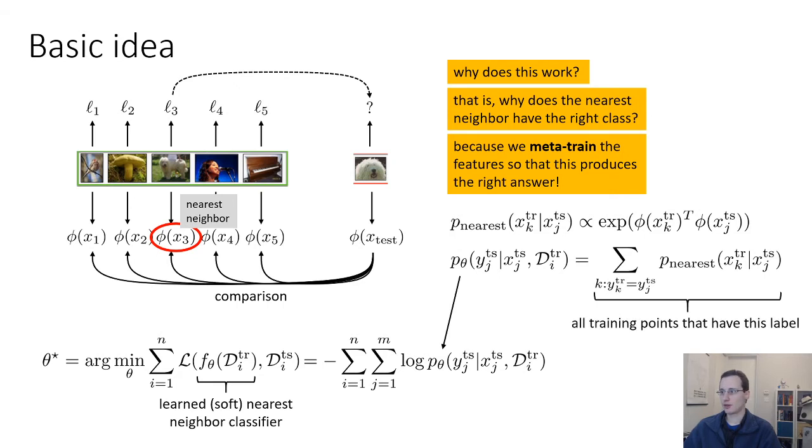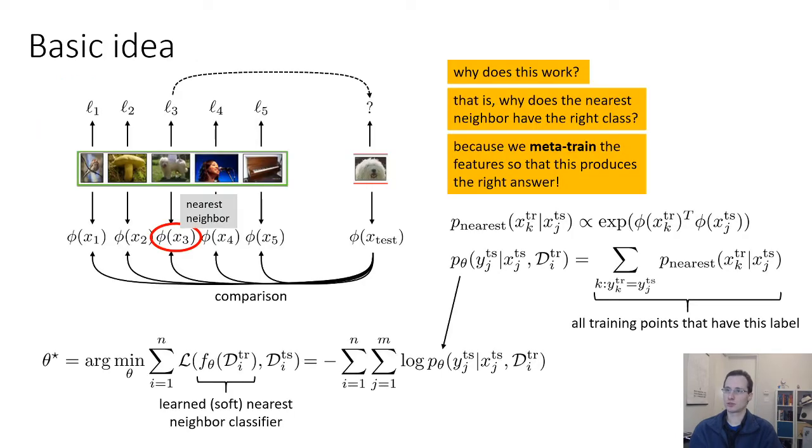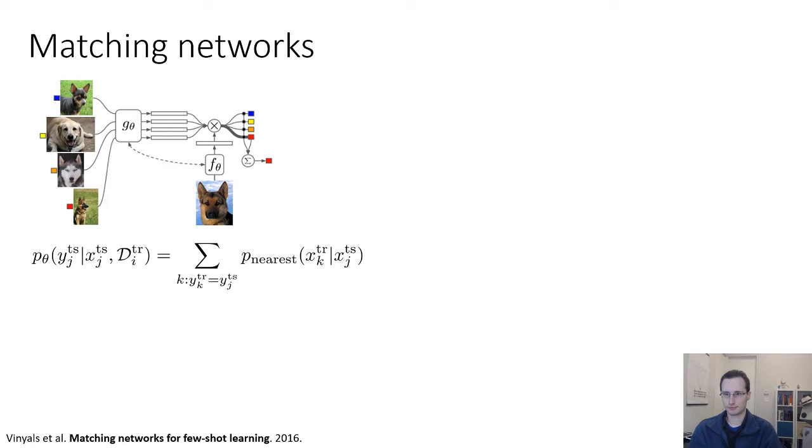And now we'll talk about some actual methods that are based on this idea. The first one we'll talk about is matching networks for few-shot learning. Matching networks is very similar to the basic prototype that I had on this slide, but with a couple of modifications. And the modifications have to do with how this p nearest probability is computed.